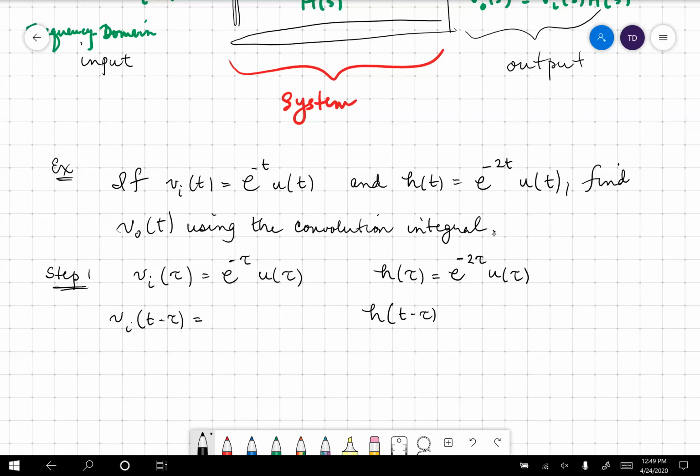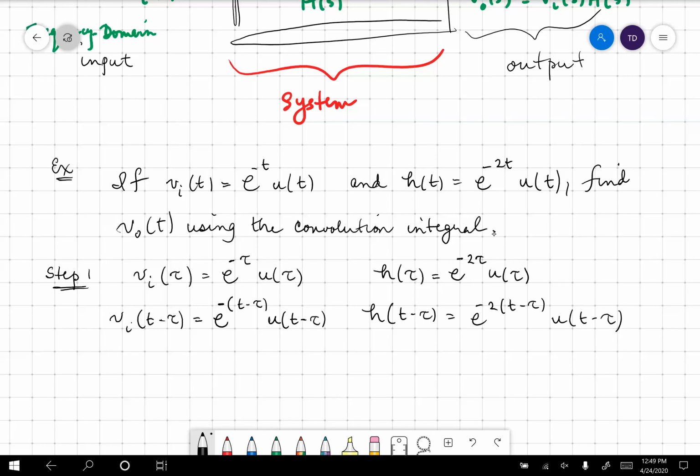So if we want the VI of t minus tau, where there's a tau, replace it by t minus tau. So that's that. Over here, e to the minus 2, t minus tau, u of t minus tau.